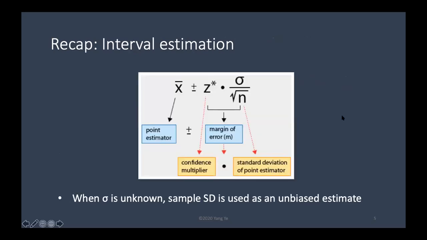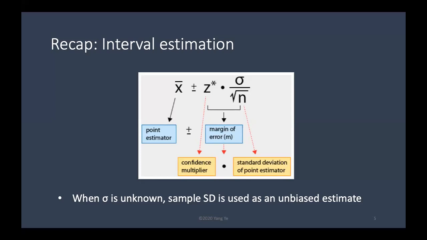I'm going to do a quick recap. Last time we talked about point estimation and interval estimation. Most importantly, we looked at the concept of confidence intervals, where a confidence multiplier suggests that the population parameter we're trying to estimate falls within a certain range or interval. So here is the equation again.